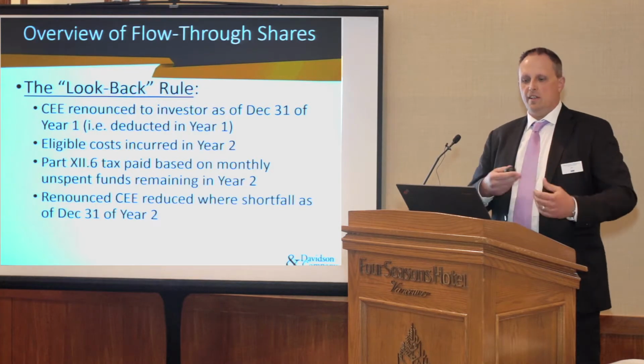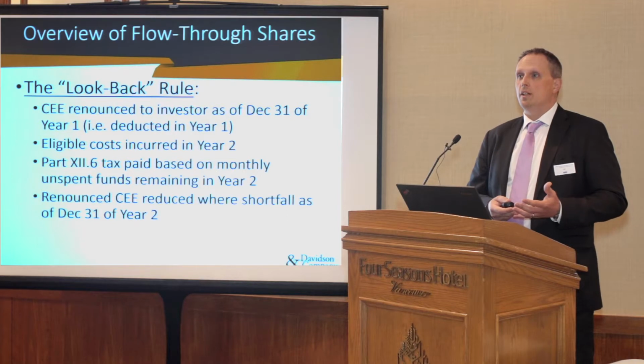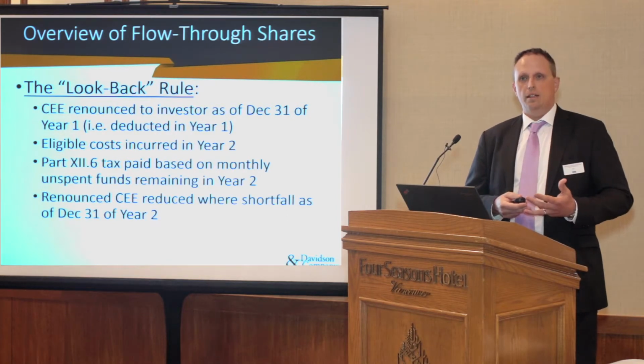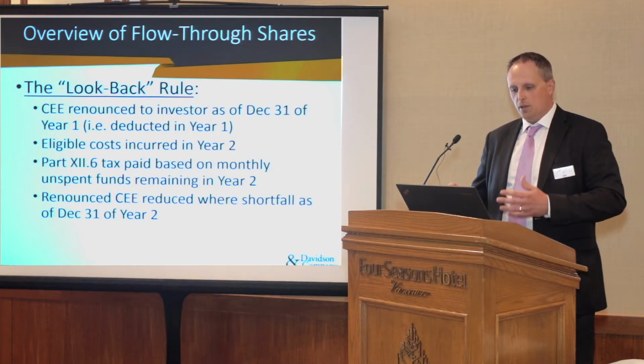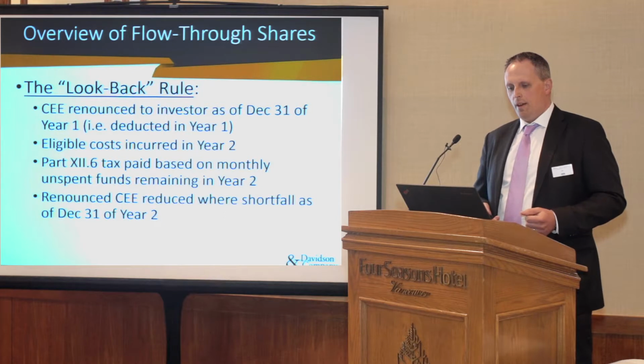So you're still onside, and the benefit of that, of course, is the investor gets the deduction for tax in year one, but you haven't actually had to spend the money until year two. So there's an acceleration there for the investor to recognize it.